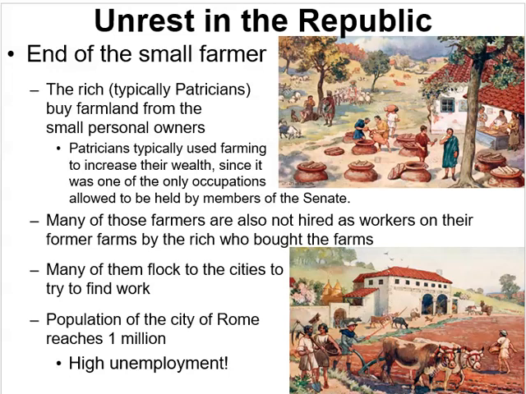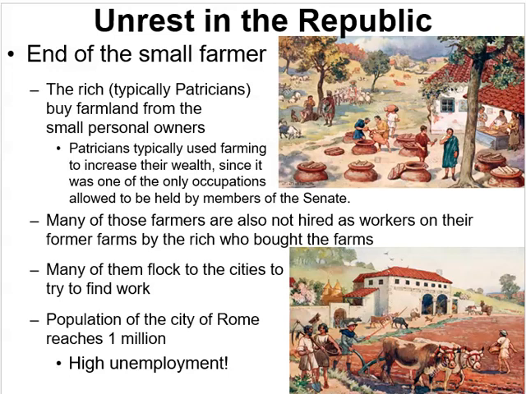And they're hiring slaves to do all the work, or buying slaves to do all the work. Many of these now out-of-work poor farmers, the small farm owners, have nowhere else to go in the countryside. So many of them flock to the cities, hoping to find work in the cities.